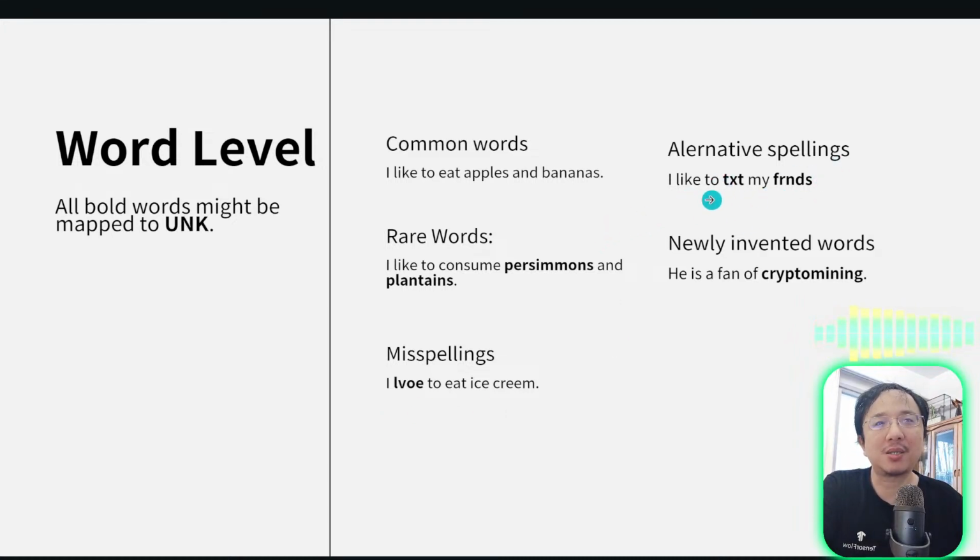People may write things like TXT instead of text, or FRNDS like friends. And they may write something like good as GOOOOD to indicate it is really, really good, and depending on how good it is, it may have a various number of Os.